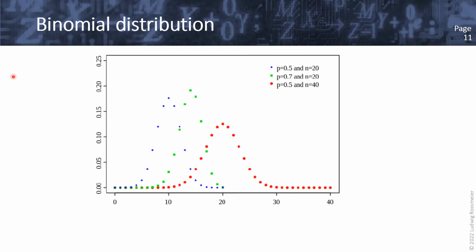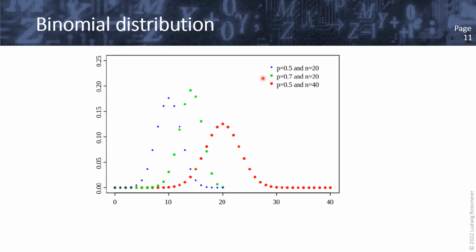Let's have a look at how the graph of the binomial distribution looks like. To be precise, the probability mass function. If you have a look at the blue curve, where the probability is 0.5 and n is 20 cells, then we see here there's a maximum at 10 cells, and when going away from the maximum to the right or to the left, we are approaching 0.